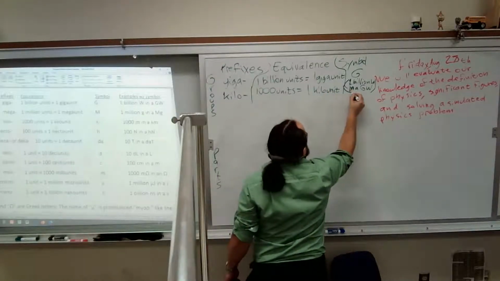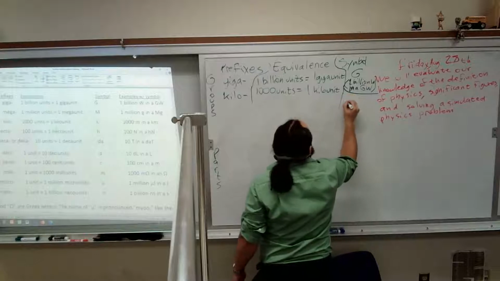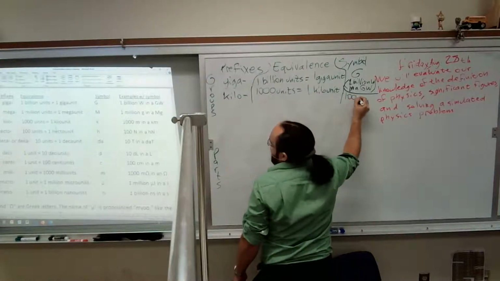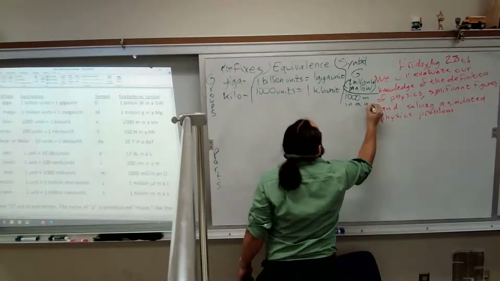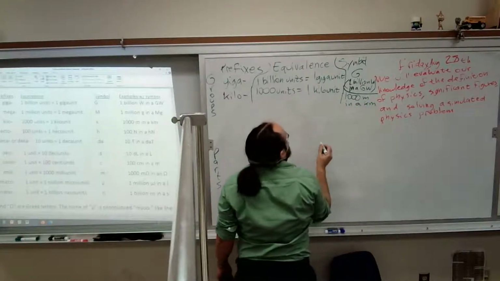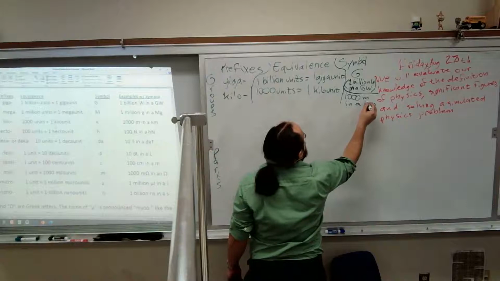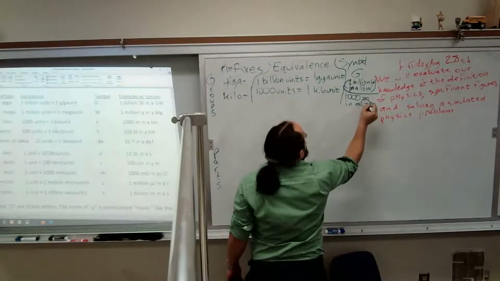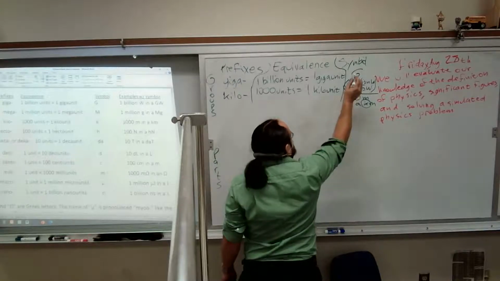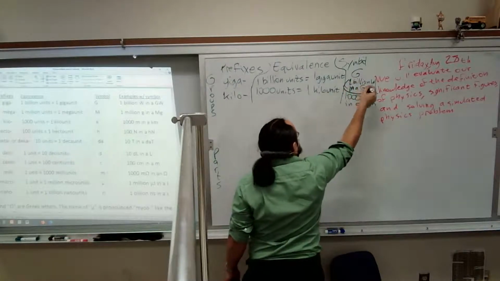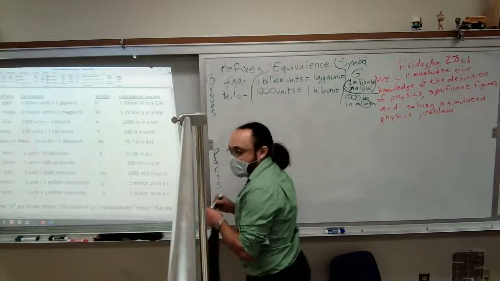I should have left more space right there, I'm sorry. So 1,000 meters in a kilometer is our example. So our symbol is a lowercase k right there. I think that'll be easier without writing the symbol and then the example. I'll just write the example and circle the symbol. Okay?